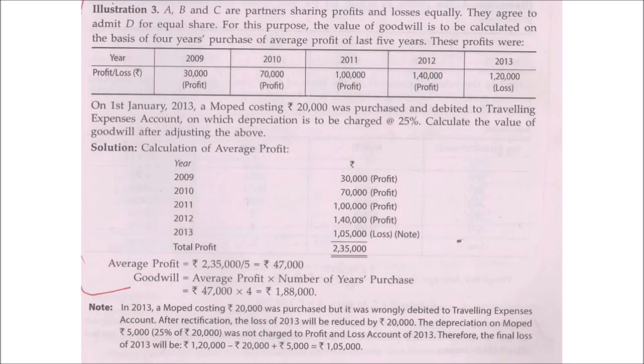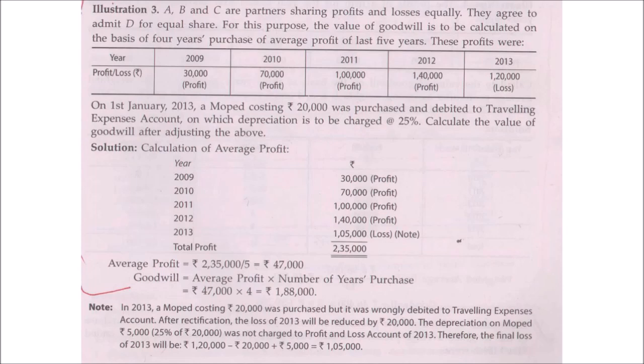So 5 years profit is given. Year 2009, 30,000. 2010 profit 70,000. 2011 profit 1 lakh. 2012 profit 1,40,000, and 2013 there's a loss of rupees 1,20,000.